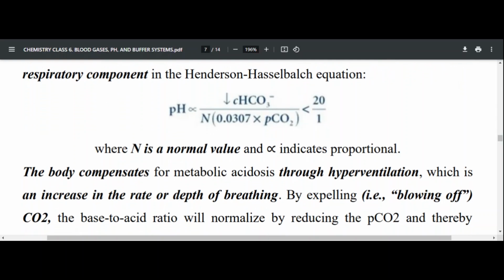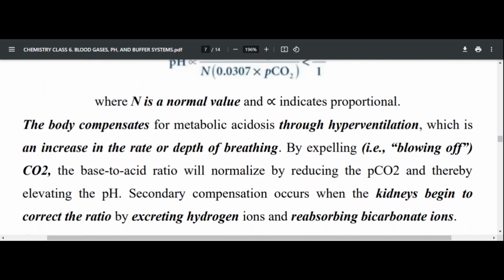So the body will compensate for metabolic acidosis through hyperventilation, because as we said, the lungs can compensate for metabolic components by hyperventilation, which is an increase in the rate and depth of breathing. This is like blowing off carbon dioxide in order to normalize the carbon dioxide in the body.